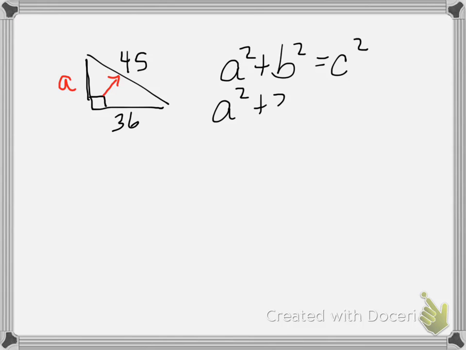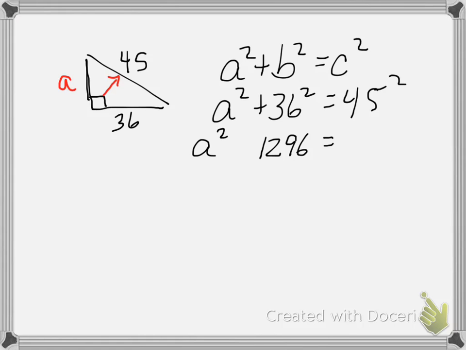A squared plus 36 squared equals 45 squared. So 36 squared is 1296. And 45 squared is 2025.